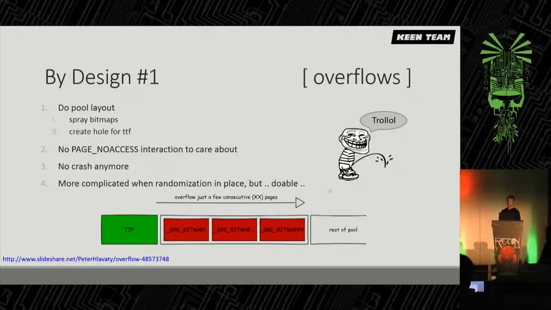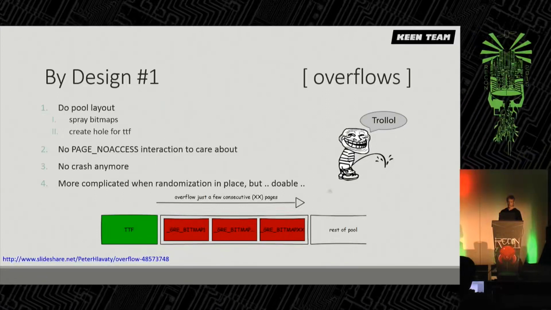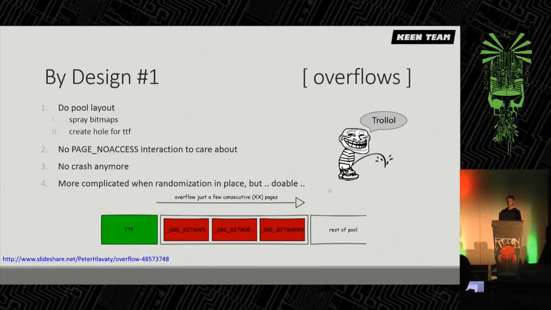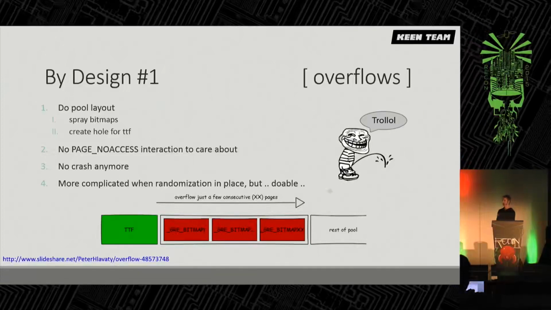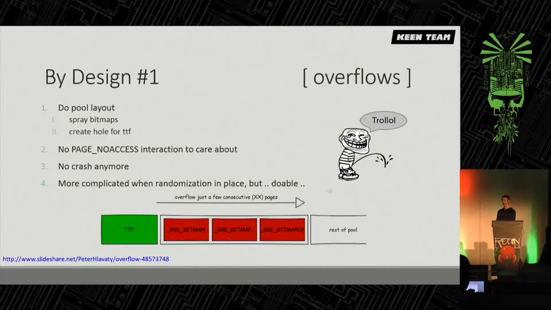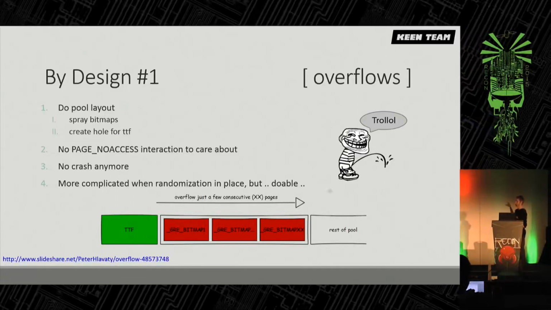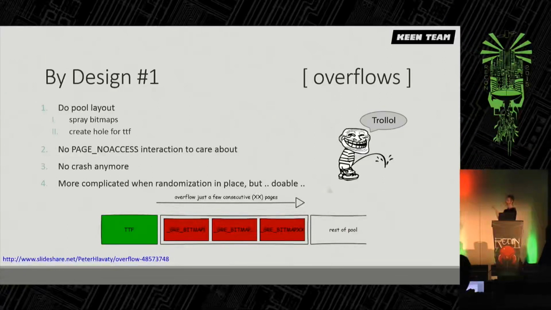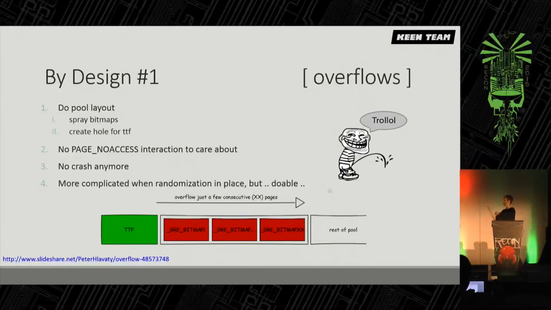By design, you have a really good feature that you can do a pool layout, and that means that your wild overflow from the TTF will not crash the system so easily, because you can spray, let's say, some bitmaps after the TTF, then trigger this bug, and it will just touch these bitmaps.